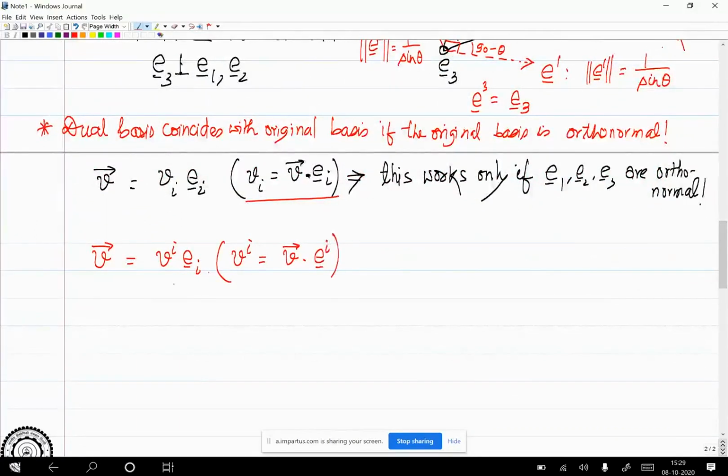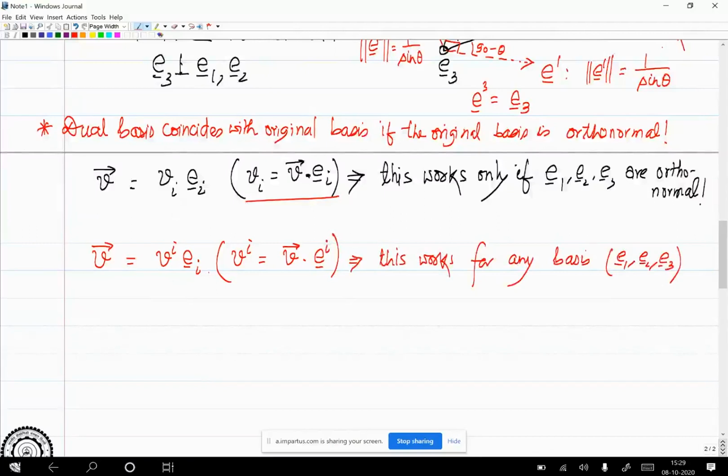So now you can write this, and this works for any basis E1, E2, E3. Can we check that indeed that is the case?